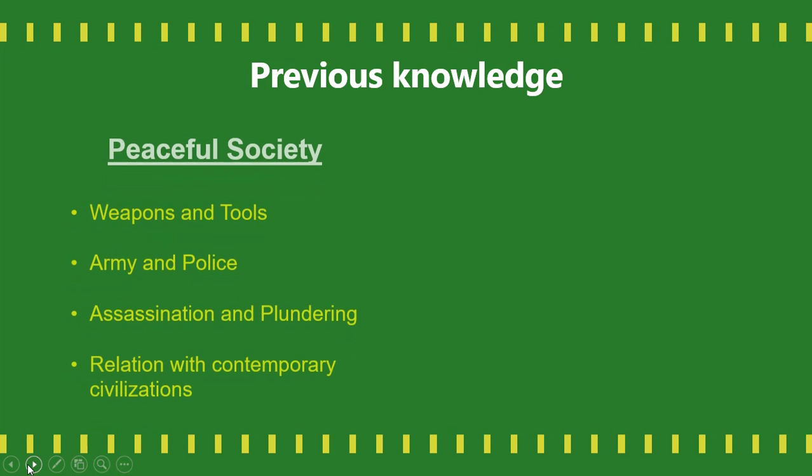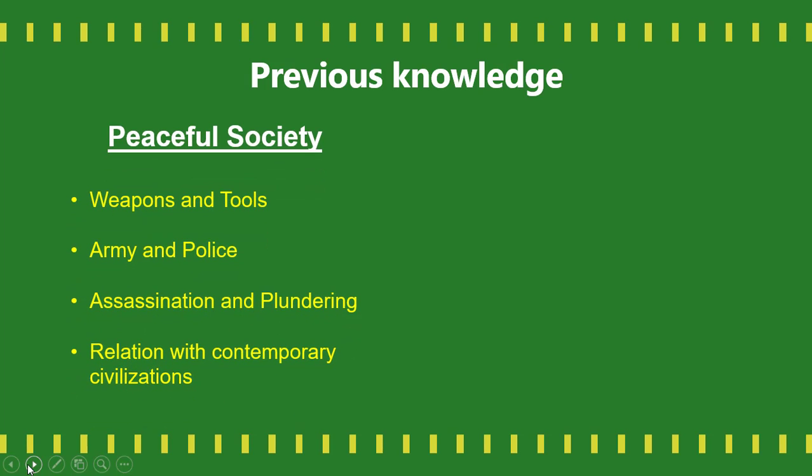Before going to the topic, first we will discuss previous knowledge. In the previous lesson, we discussed peaceful society. People used weapons and tools, weapons for protection against wild animals and tools for cultivation and cutting of trees.